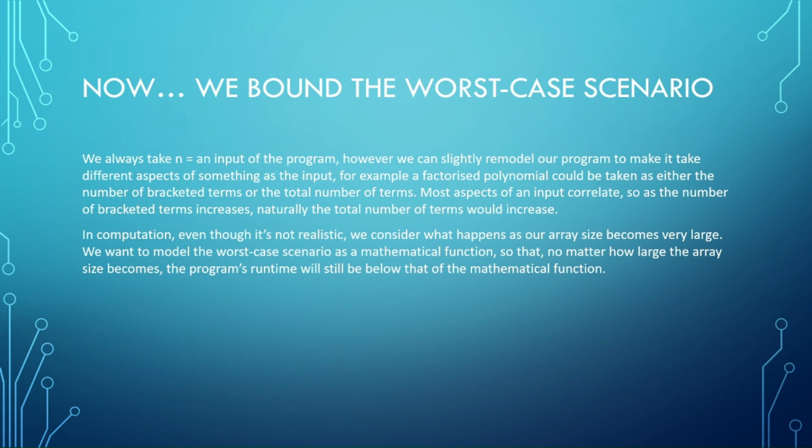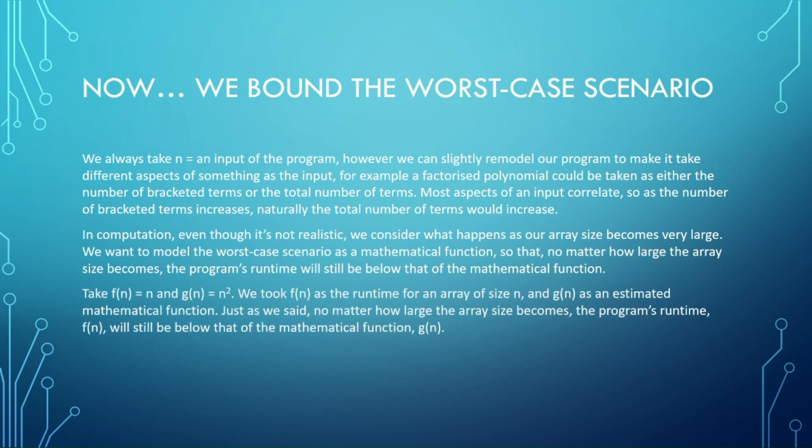If the mathematical function is an upper bound for the runtime, then the runtime shouldn't exceed it, which means we know that if the mathematical function is acceptable, then the runtime should be acceptable. So let's take f of n as n and g of n as n squared.